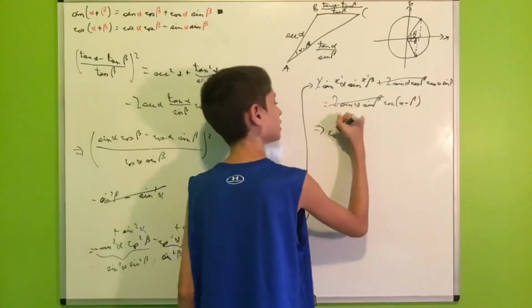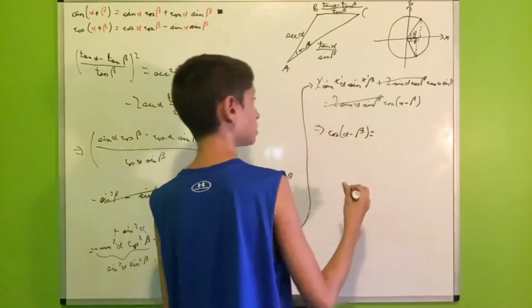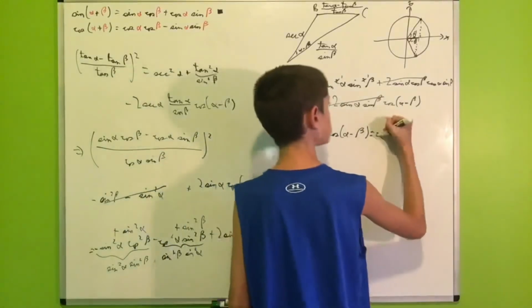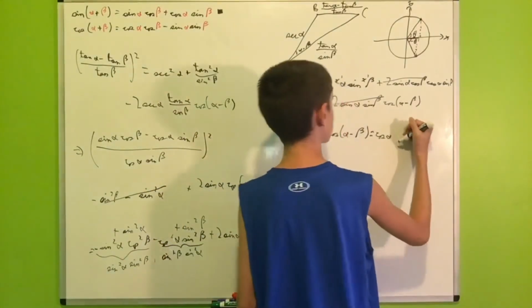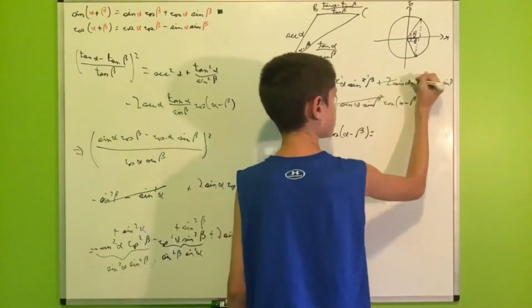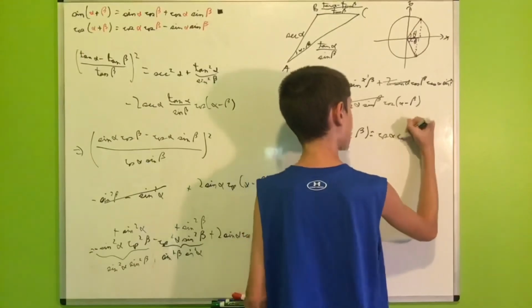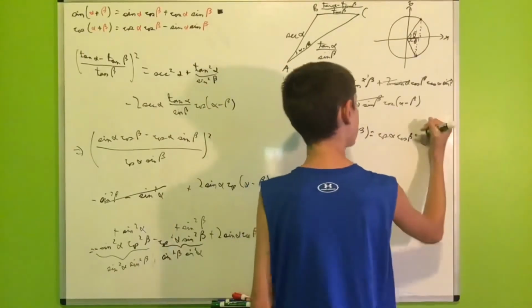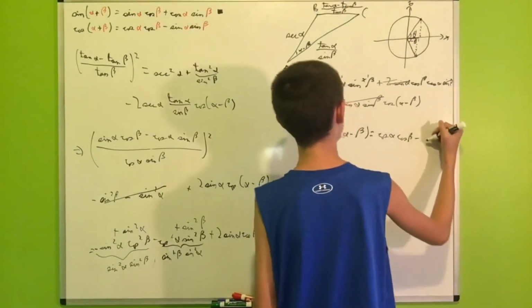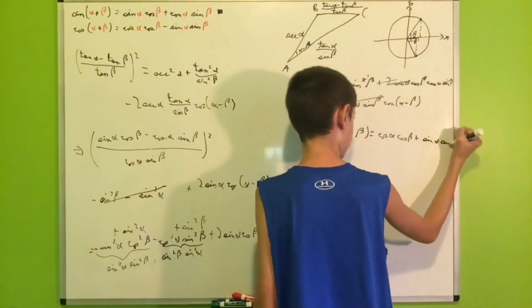Therefore, we have that cosine of alpha minus beta is equal to, let me see, cosine alpha. The sine alpha, I can solve the wrong thing. So cosine alpha cosine beta minus, it's a plus sine alpha sine beta.